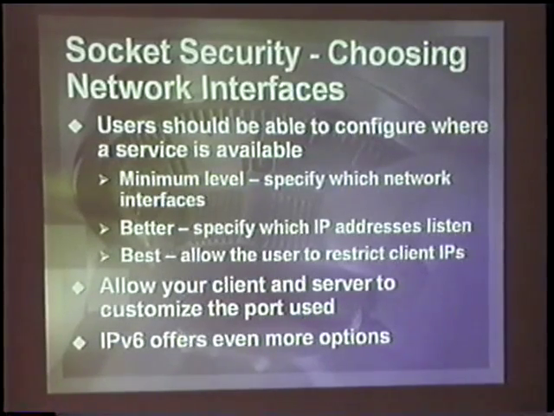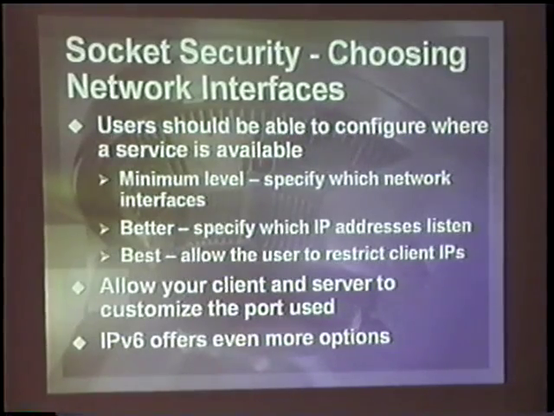Now even better is to specify which IP addresses it'll listen on, and that's a second stage. And then the best is to allow the user to restrict the client-side IPs as well. So I can say, all right, this service is only going to really talk to people on this set of IPs, and now I've got a richer set of configurability.